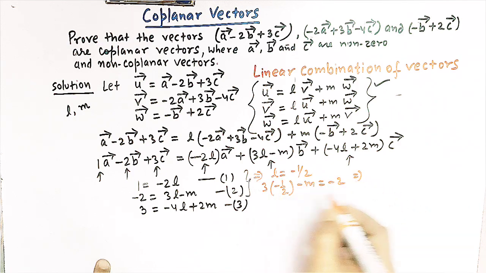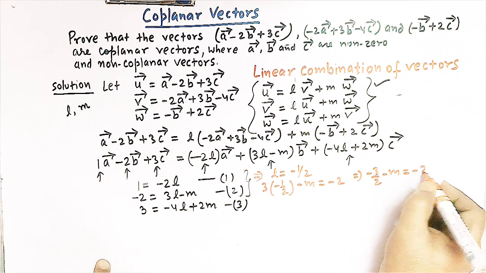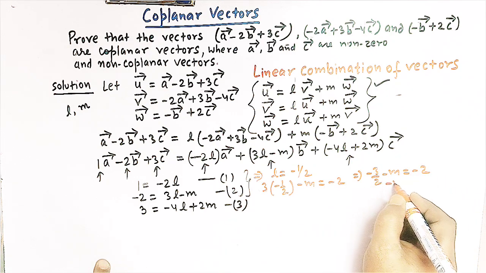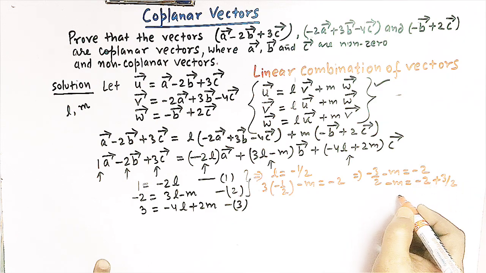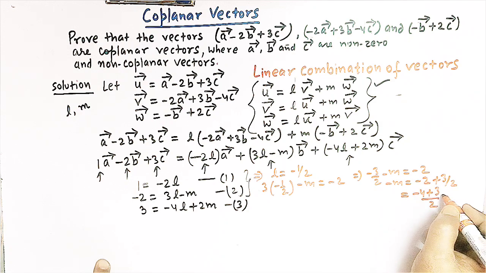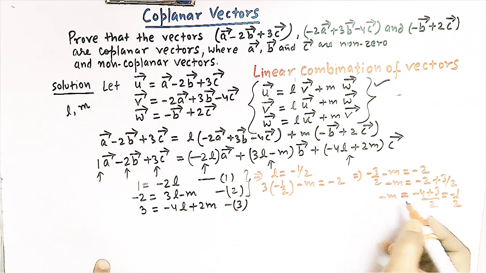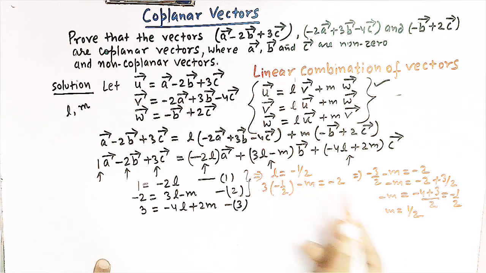So we can now write here minus 3 by 2 minus M is equal to minus 2, and we have minus M is equal to minus 2 plus 3 over 2, that is minus 4 plus 3 over 2, that is minus half. So we have minus M is equal to minus half, so M is equal to half, right? So the value of L is minus half and M is 1 over 2.